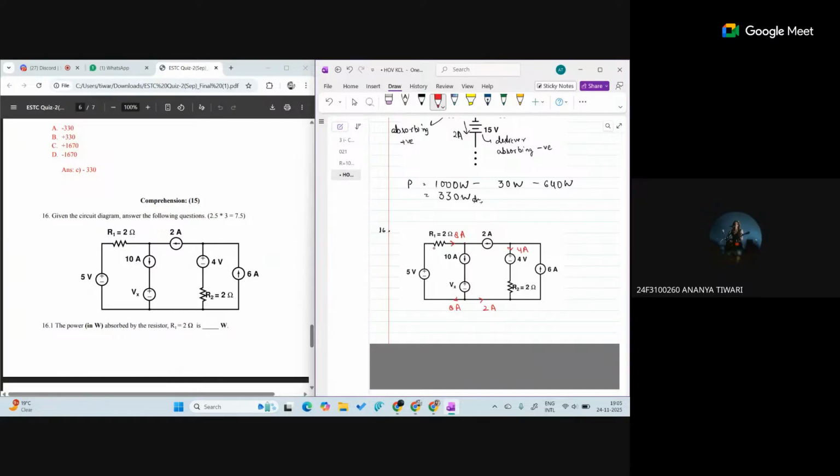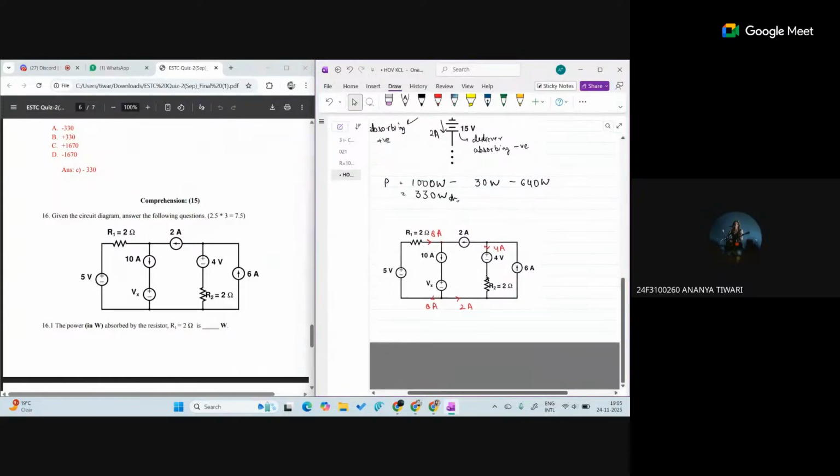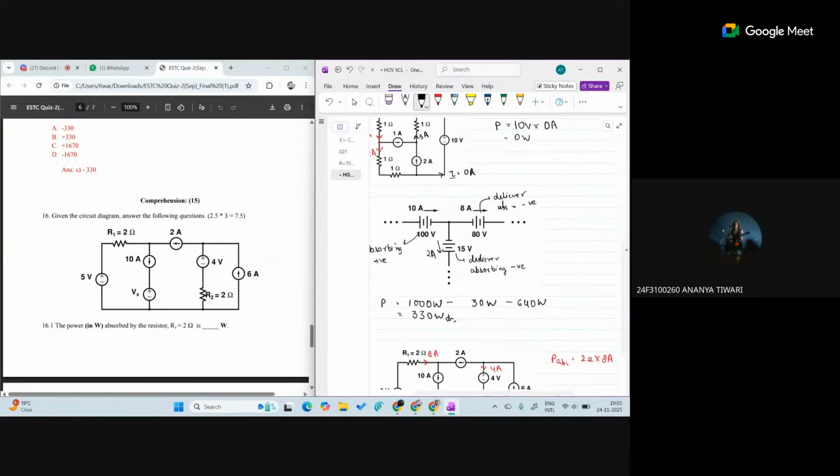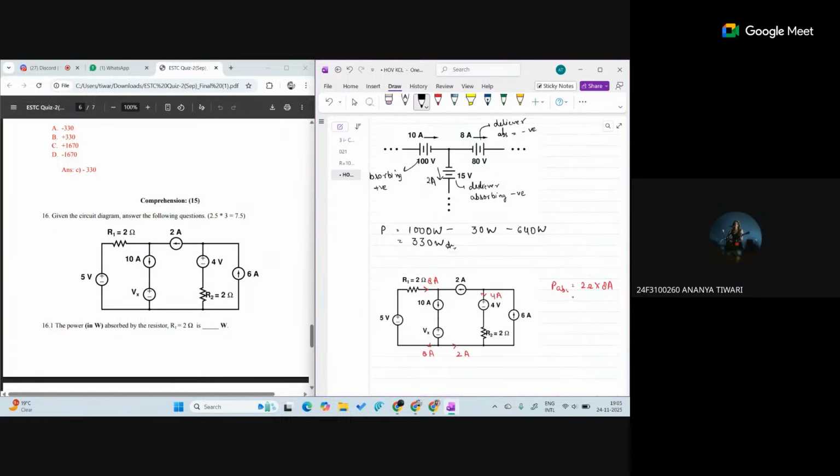So what would the sign be? It's a resistor, so it will always absorb power. So the power absorbed will be 2 ohm into 8 ampere, 16 watt.